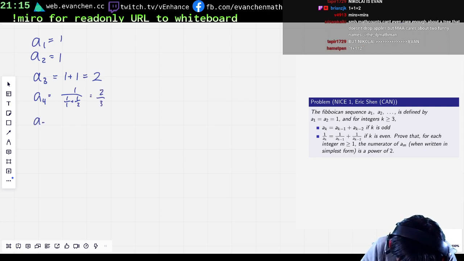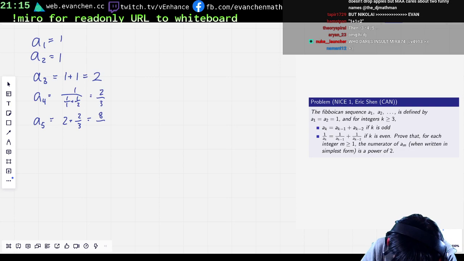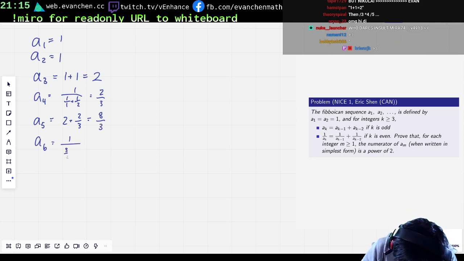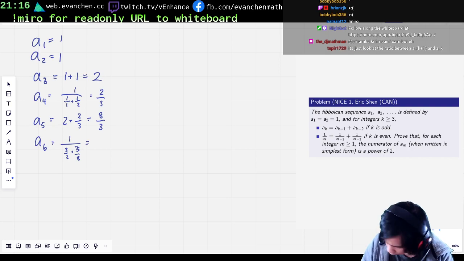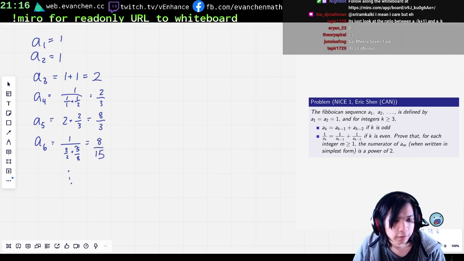And A5 is supposed to be equal to the sum of the previous 2, so that's 8/3. And A6 is then equal to 1 over 3/2 plus 3/8, which you can do the calculation, and this will come out to 8 over 15. And so on. So this is what the sequence is.